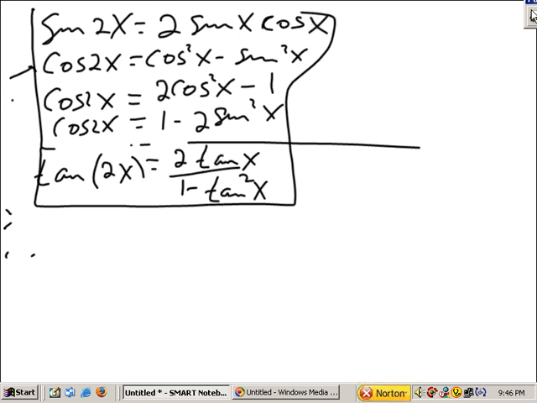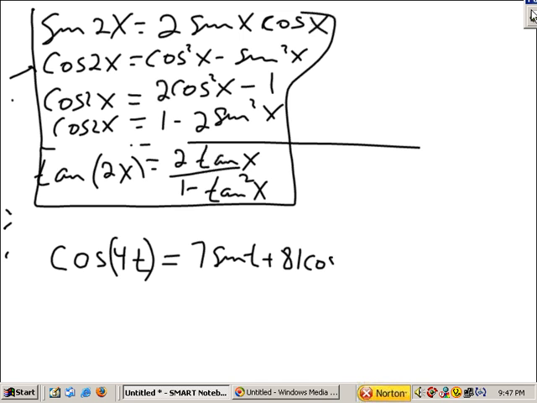For example, if you were given the cosine of 4t, and you were asked to write this as a trig expression that only involves t, an answer would look like maybe 7 sine of t plus 81 cosine of t divided by 13 tangent of t minus 3 cosecant of t.